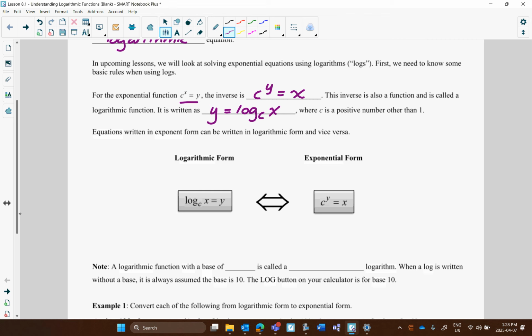Well, notice how in exponential form, the base becomes the base of the log. Those are the base.